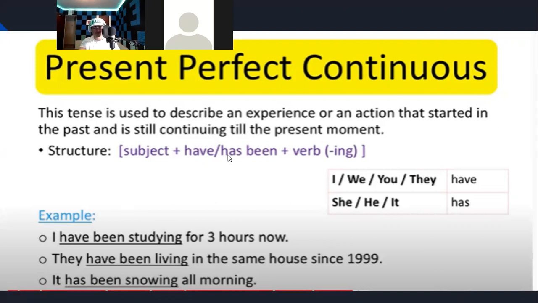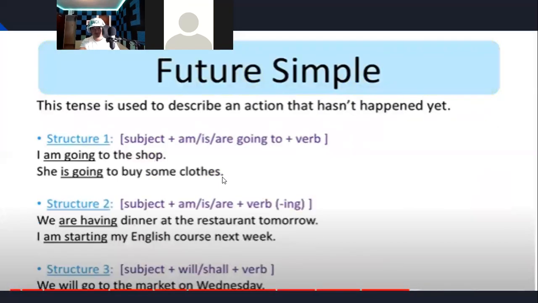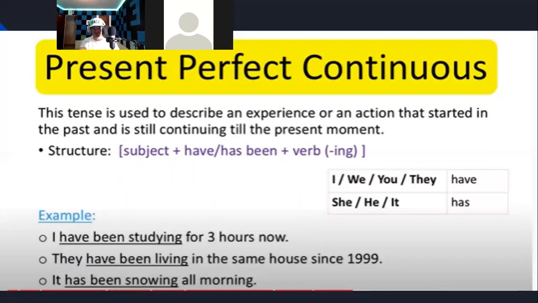Have been, has been, happening until still continuing. It hasn't stopped. Have been living. So this will be the exception to being completed, I guess.